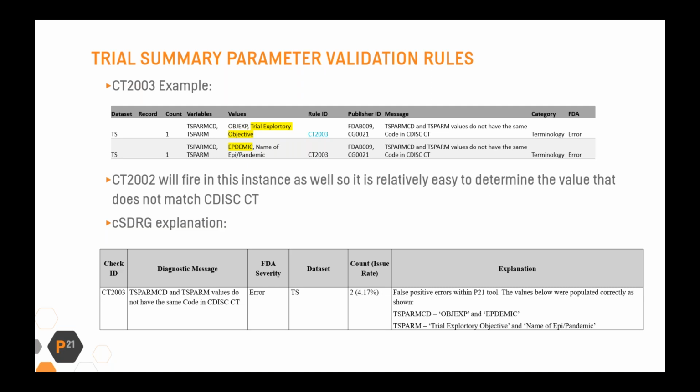And then they go on to say that the values below are populated correctly as shown for the TSPARMCD, and then the TSPARM, which for trial exploratory objective clearly has a typo in it. They actually went into the validation report, copied it out with the typo in it, and then said it was a false positive. This is not a false positive. This should have been corrected, and it should not have been explained in the reviewer's guide. So this one should have been fixed as well.